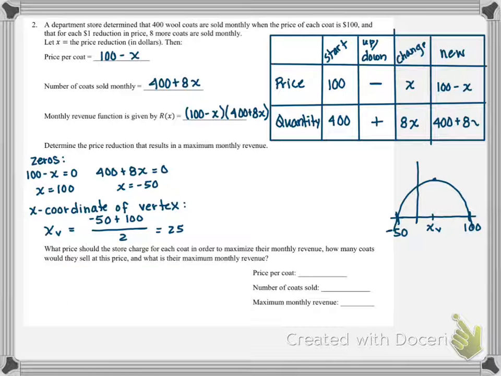So what did we just find? That 25, what is that? The x-coordinate of the vertex. Correct. What is it in terms of price, revenue, quantity, and everything going on with coats? Maximum price for revenue? No. Or is that $25 less than 100 for maximum revenue? So 75.